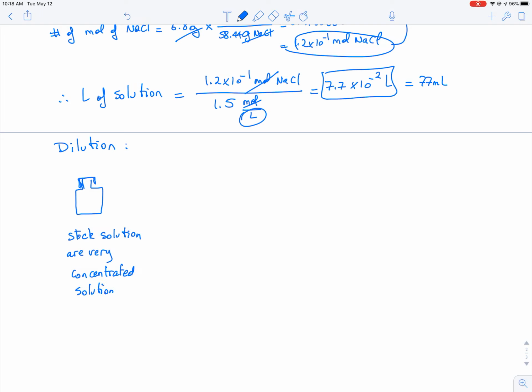Okay, so let's say we have 1 liter of this, and that this is 12 molar. This is really very highly concentrated.